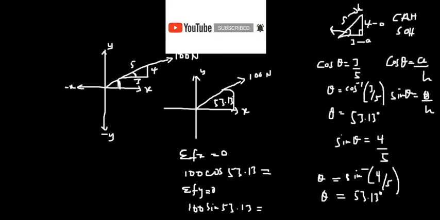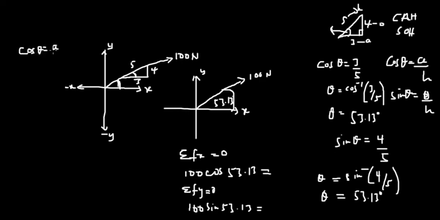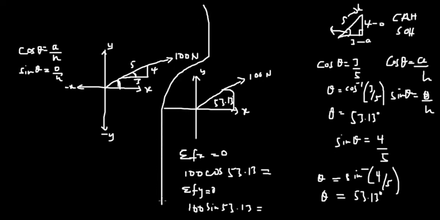We already know that the cosine of an angle is the adjacent over the hypotenuse, and the sine of an angle is equal to the opposite over the hypotenuse. Since you already know this, you can just solve this straight ahead, without resolving the forces or finding the angle first and then substituting the angle over here.